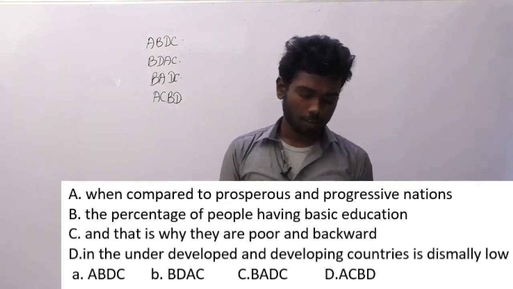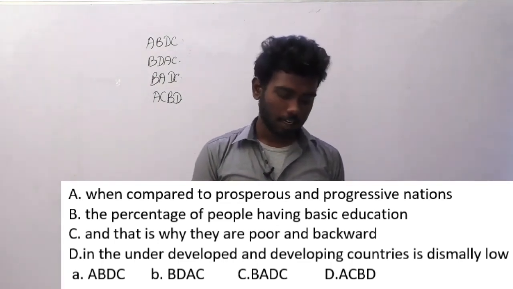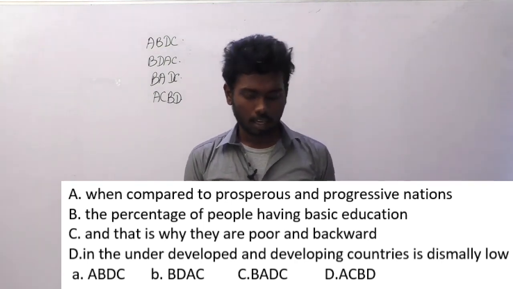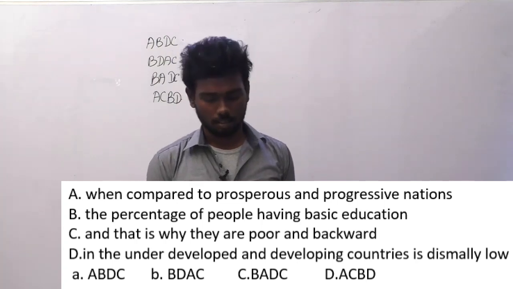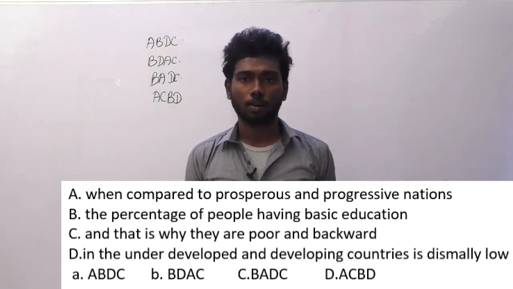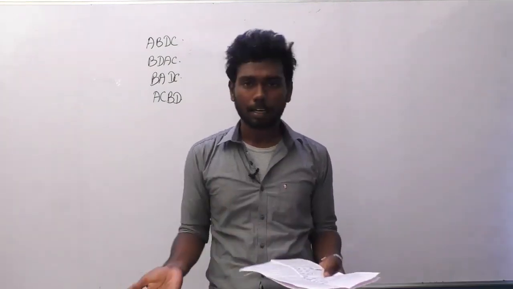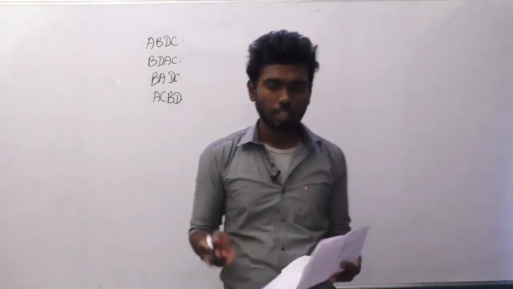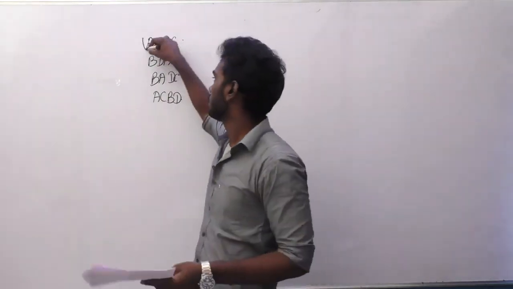So the fourth option will come there: in the underdeveloped and developing countries is dismally low, and that is why they are poor and backward. The reason, finally, for the countries remaining underdeveloped is that they are poor and backward. So the answer option for this will be A.